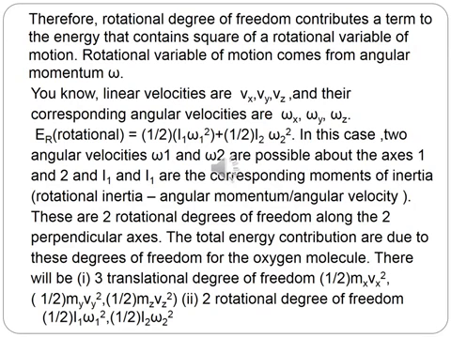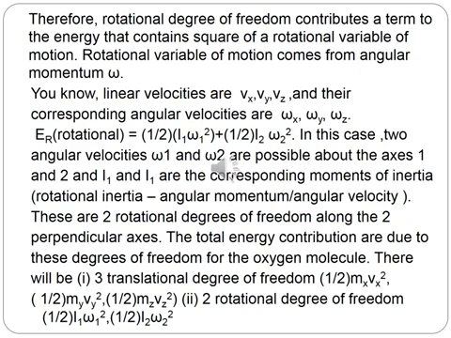It is known to you that the linear velocities of a body along three axes are Vx, Vy and Vz, and their corresponding angular velocities are omega x, omega y and omega z. Then how can we express the rotational degree of freedom? It is equal to 1 by 2 I1 omega 1 square plus 1 by 2 I2 omega 2 square.